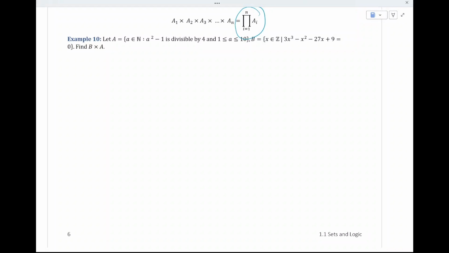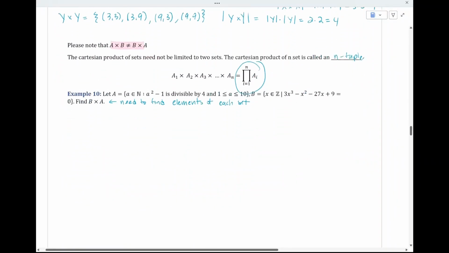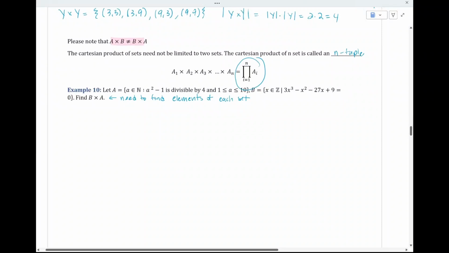So in order to find B cross A, I need to find the elements of each set. In this last one, I just knew the elements, c, d, and f, and 3 and 9. But here, I don't really know the elements right now. I know I could find them, but I need to do that first.